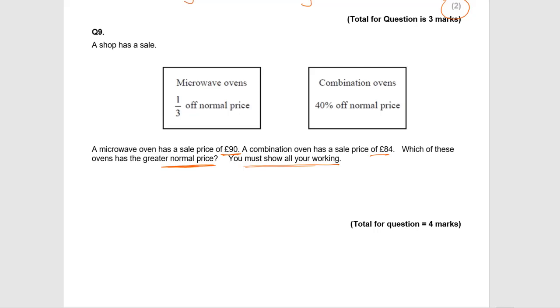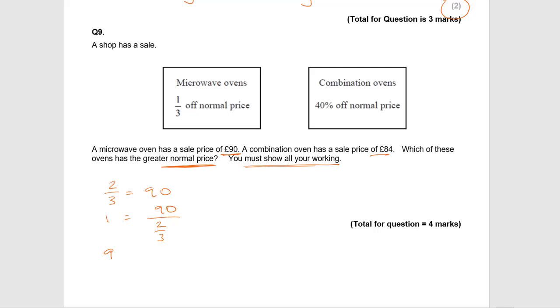Okay, so 1/3 off. So we can say the sale price is 90. So the 2/3 is 90. So we need to find the previous price. 90 divided by 2/3. So we found 2/3, but we need to find the price of the whole.